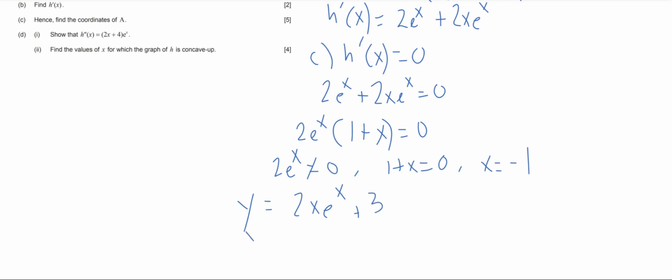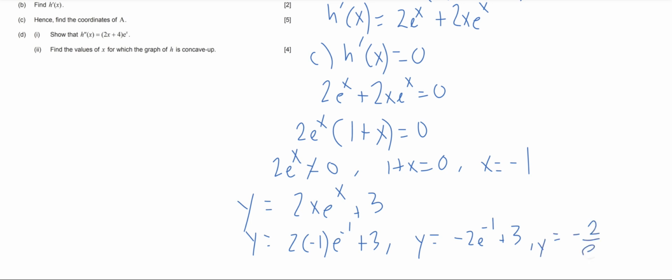So when x is minus 1, y equals 2 times minus 1 times e^(-1) plus 3. So y equals minus 2e^(-1) + 3. So y equals minus 2 over e plus 3.